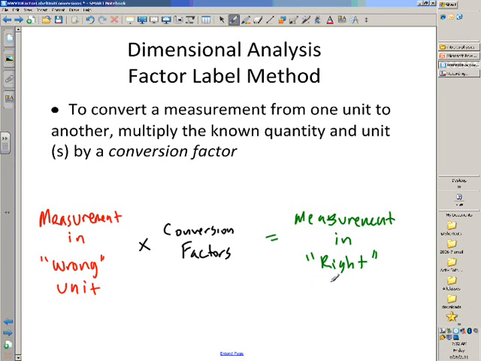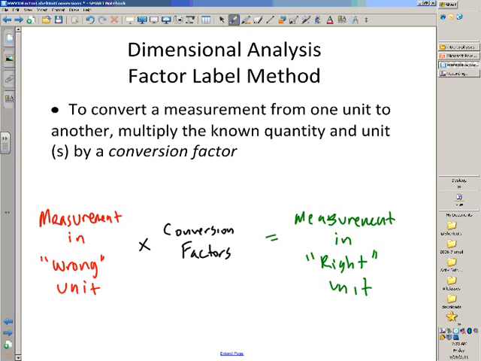Because one thing to consider here is that we're not changing the value of the measurement. It's still the same distance or the same mass or the same speed. We're just changing the way that we characterize it, or the way we represent it.